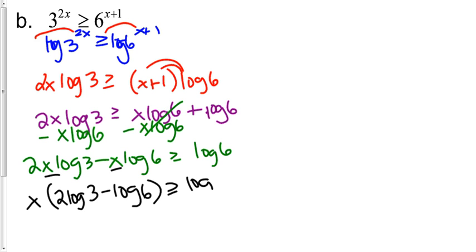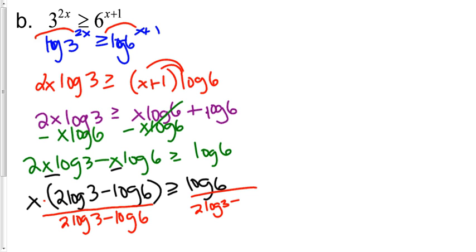Last step, it's the same last step every single time here, we're going to divide. If I want to get x by itself, I can divide by this entire thing in parentheses, 2 log 3 minus log 6, and divide this side by 2 log 3 minus log 6.